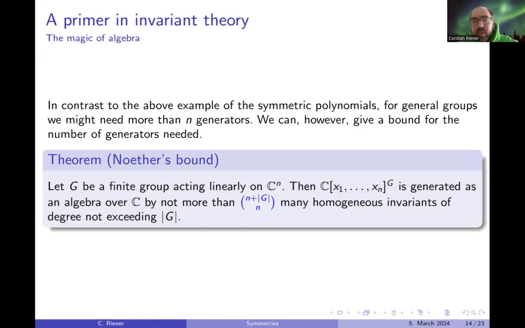Of course, if you have a generating set, you can add a redundant element, so then yes, but you can always find one where looking at the polynomials of at most degree the group size will always be sufficient. And we will see in a minute why this is the case.